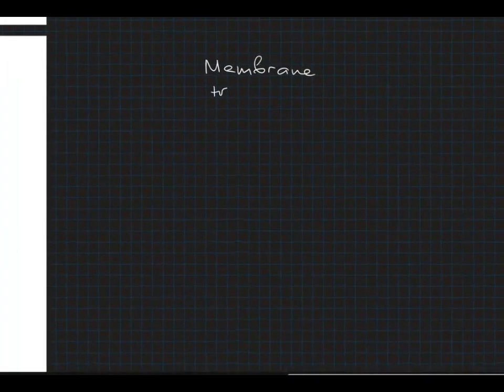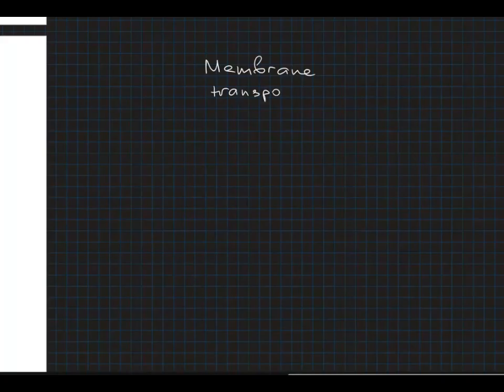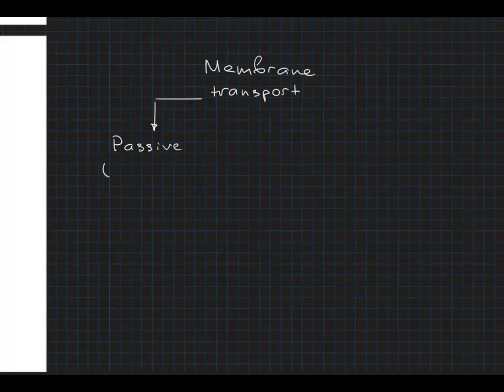So membrane transport can be divided into passive, which is the same as diffusion, and active. Okay? In passive transport, the particles diffuse from their high to low concentration.